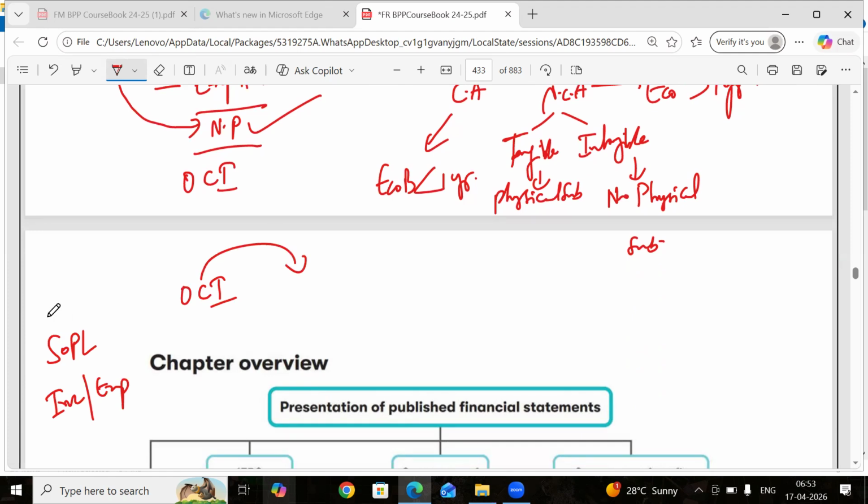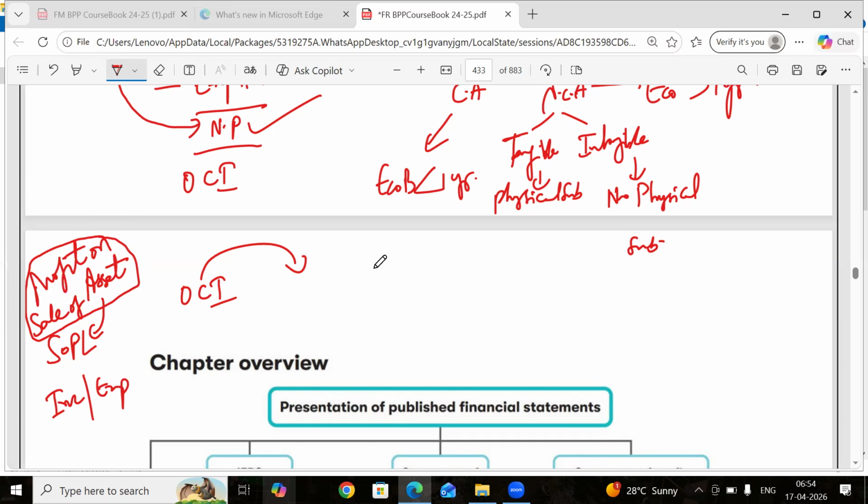Whatever realizable income we earn, like profit on sale of any asset, we show in SOPL. Here the intention was to sell and we got a profit. The transaction was a cash transaction, and the profit got realized because money has been received.